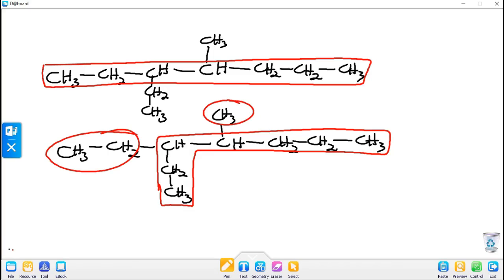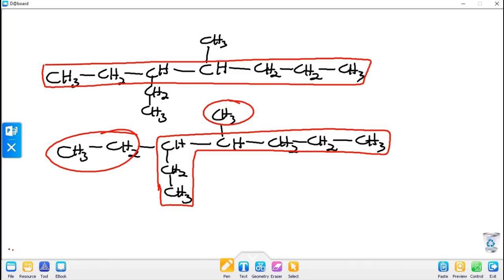But only recall that a rule says when we have a possibility of 2 or more routes that will give us the same number of carbon atoms for the parent chain, then simply go with the straight chain. If the straight chain is going to give you 5 carbon atoms, for example, and you choose to take your own parent chain to be curved or L-shaped or U-shaped, simply go with the straight chain. That is what the rule is saying.